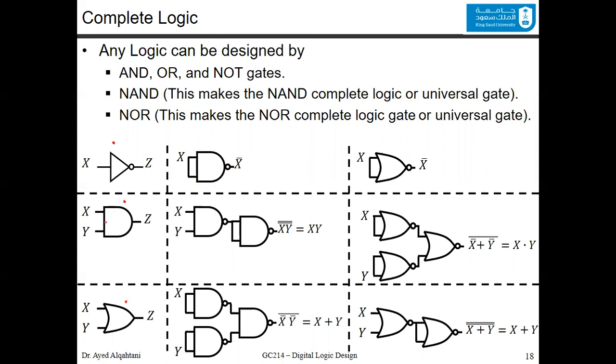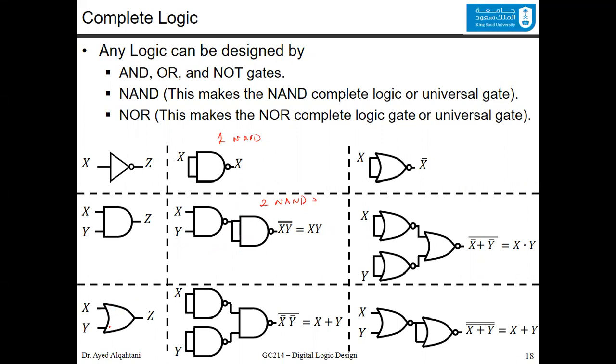To get the AND, you could have a single NAND followed by the inverter that we just had here. This will generate for you an AND function. You can notice here that we use only one NAND here, and here we used two NANDs to generate it.